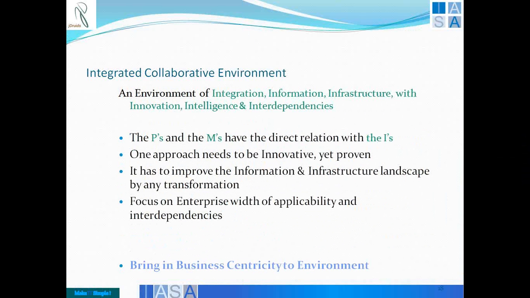However, if you look at enterprise architecture, solution architecture and technology architecture, the width of the applicability and interdependencies are much higher at enterprise level compared to the solutioning and technology.